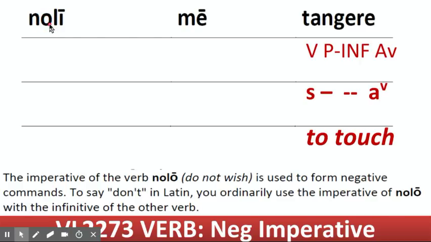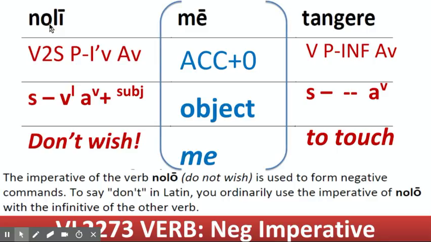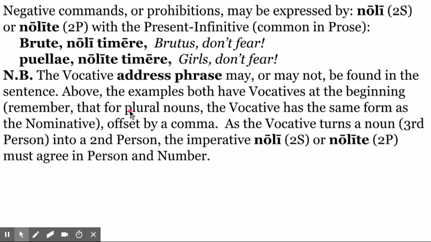And then it has the infinitive, to touch. Don't wish, talking about simple, volitive mood, no tense, active voice, subject phrase. Don't wish to touch me. We would say in English, don't touch.